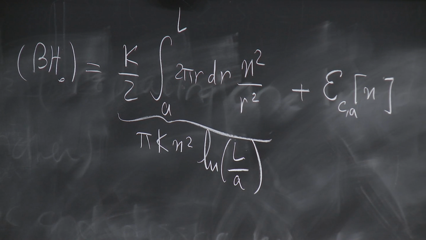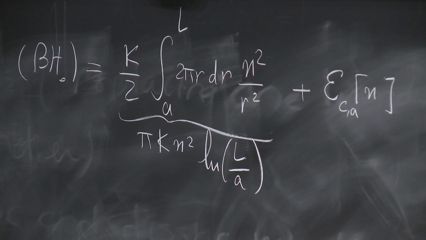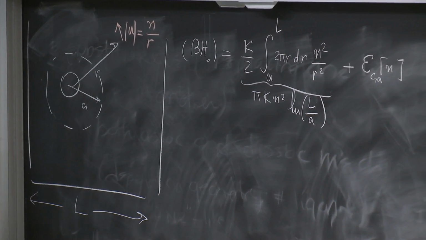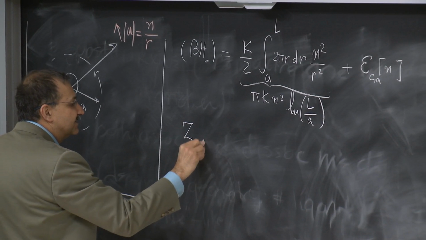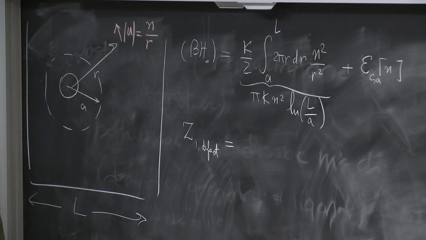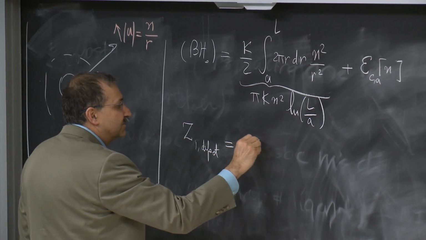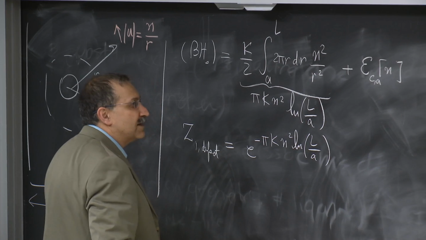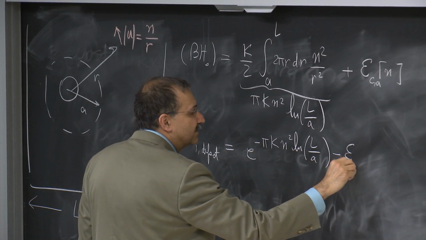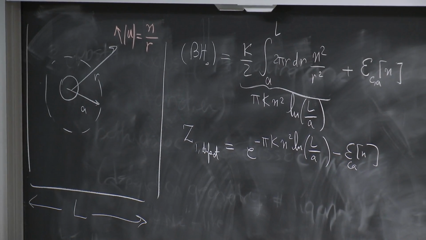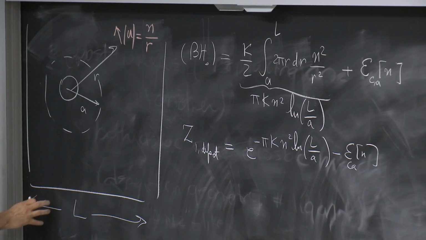So if I want to imagine what the partition function of this is, one defect in a system of size L, I would say that Z of one defect is Boltzmann weight corresponding to creating this entity. So I have e to the minus pi k n squared log of L over a. And then I have the core energy that corresponds to this. And then as we discussed, I can place this anywhere in the system if I'm calculating the partition function.